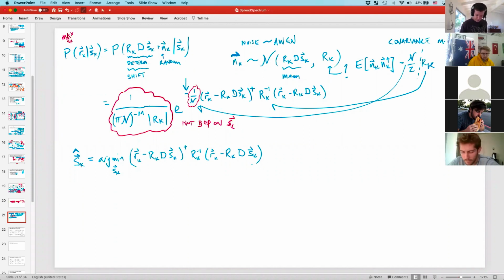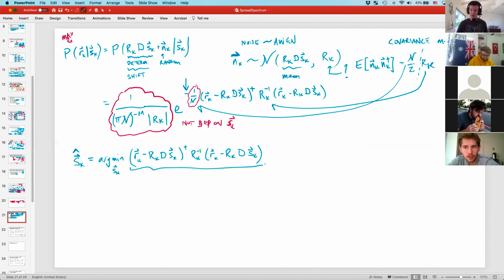Which, if you want a more compact way to write this, well, actually, here's a check of your understanding. What is the dimension of this quantity? Matrix, vector, scalar, none of the above?